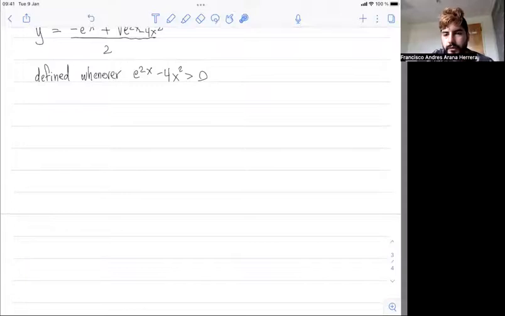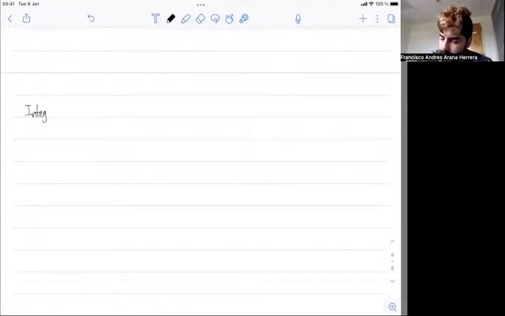Okay, so the last thing that we're going to cover is what happens when the form isn't exact. For that we'll use a certain technique, so let's call it integrating factors. And the situation is the following.